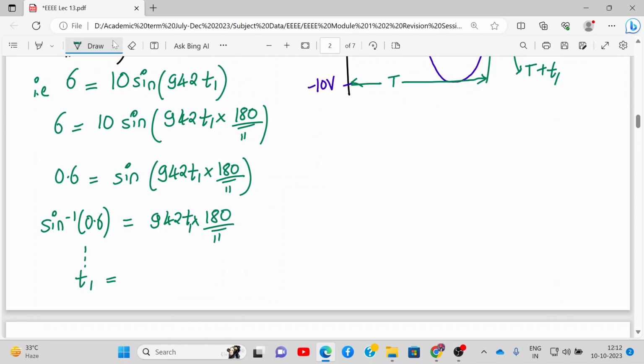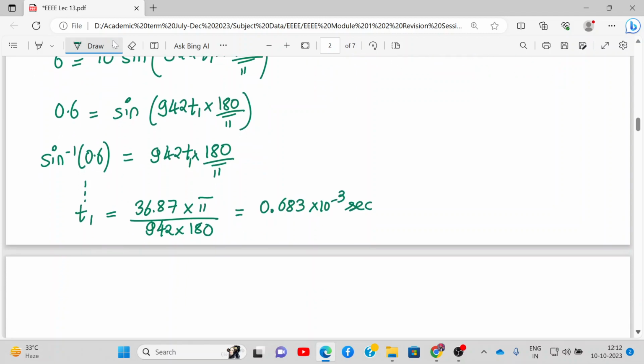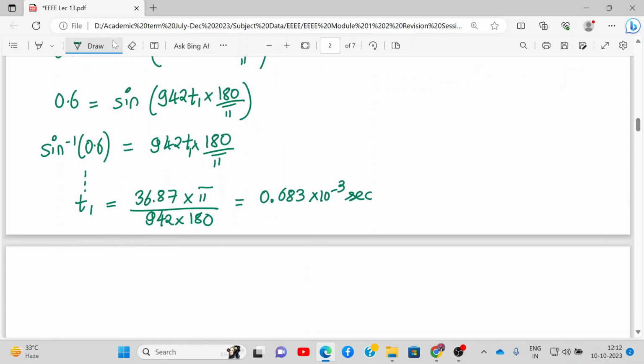So t1 will be, sine inverse of 0.6 is 36.87, so t1 equals 36.87 into pi divided by 942 into 180. So this, if we calculate, will come out to be 0.683 into 10 raised to minus 3 seconds. Alright, so that's the time taken for the voltage to reach plus 6 volts for the very first time.